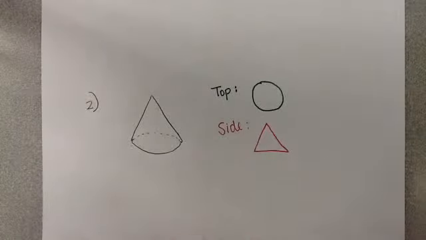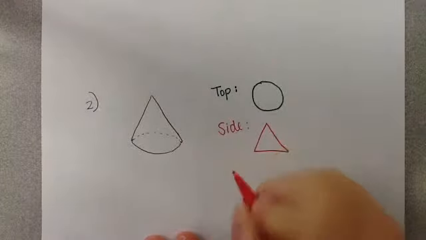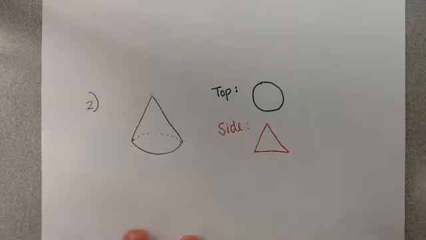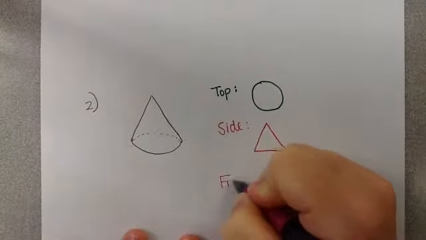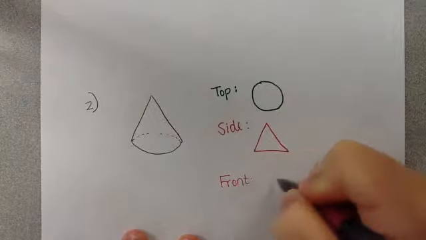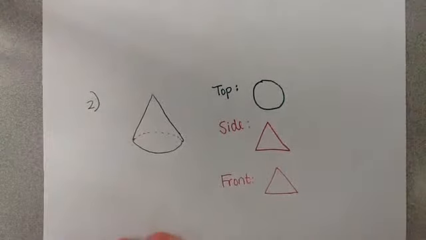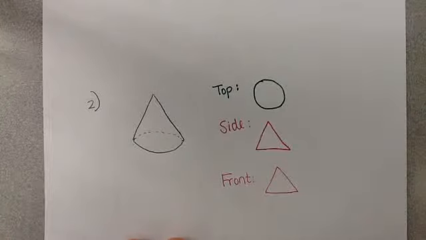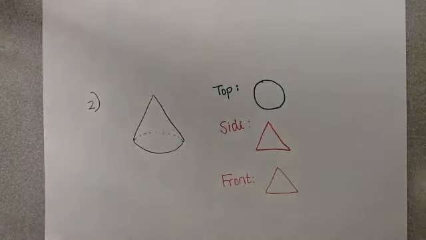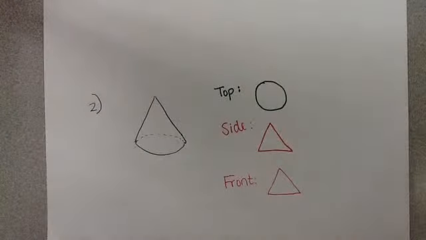And if I were to flip it to the front, what else am I going to see? A triangle as well. So when I look at a figure, imagine looking down, at the side, and at the front.